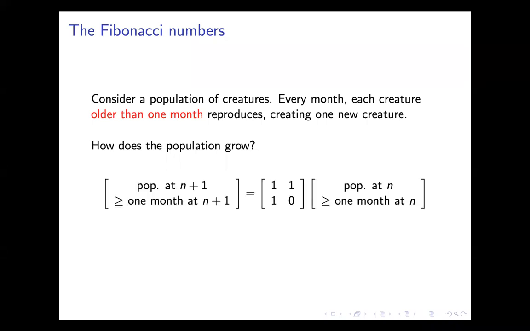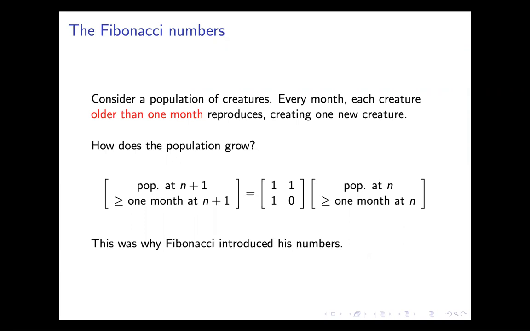So if you do it like that, you can count using this formula. The population at moment n will be related to that at moment n plus 1 by this matrix. And in fact, that's how Fibonacci found his numbers, right?